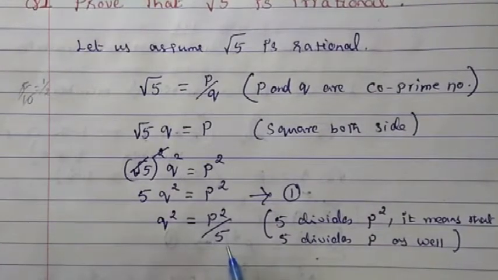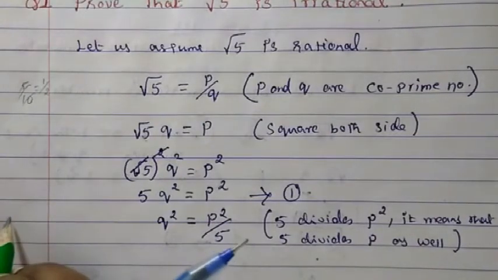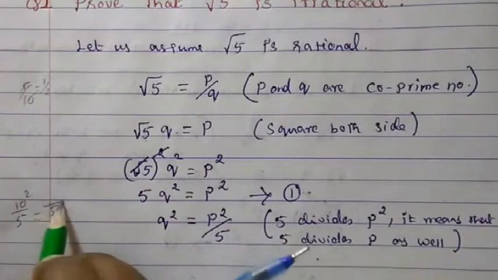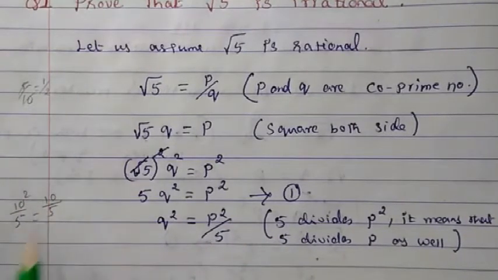In theorem 1.3, what we say is that if p divides a square, p also divides a. Meaning to say here, if 5 is dividing 10 square, then 5 can divide 10 also. So that is the meaning. So if 5 is dividing p square, then 5 also divides p. So if 5 is dividing p, then we'll get some answer for sure. If it is some integer, then if we are dividing, we will get some answer out of it, right?